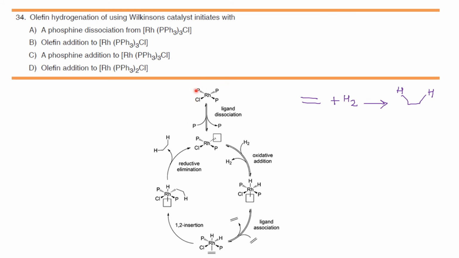So this is Wilkinson catalyst, which is a square planar complex of rhodium with three triphenyl phosphine ligands, which is represented as P in this figure, and one of the ligands is a chloride ligand. So when the reaction initiates, you need some place to add the substrate. That is, the substrate is the olefin, and hydrogen is the one which will reduce this olefin.